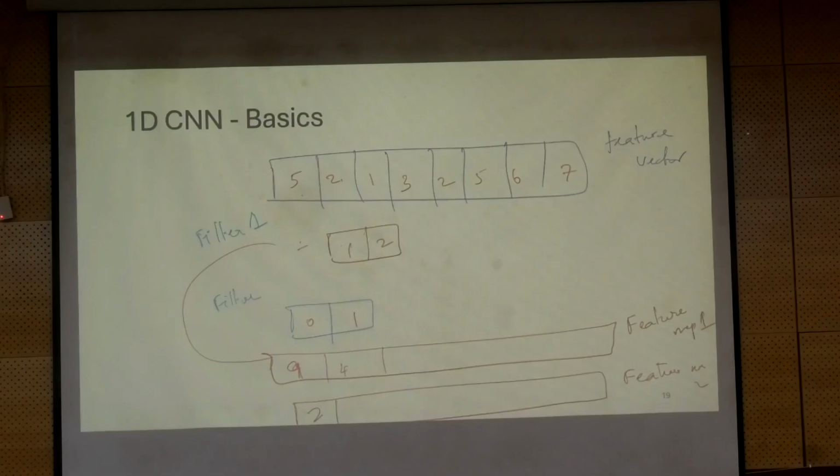You will have multiple filters, each with different weights and even different sizes, and you can extract multiple feature maps from that one operation. So this is kind of parallel processing. Simultaneously multiple feature maps will be extracted.